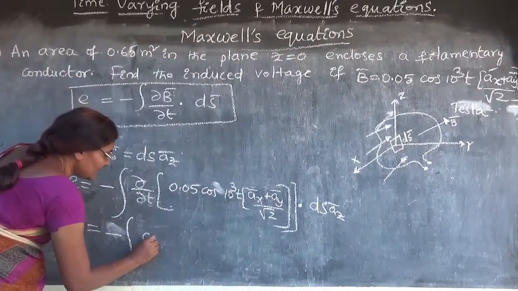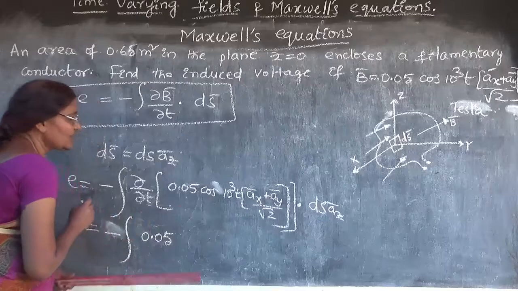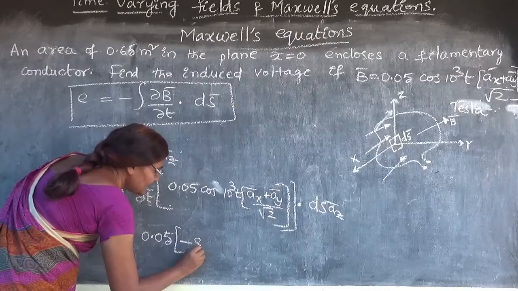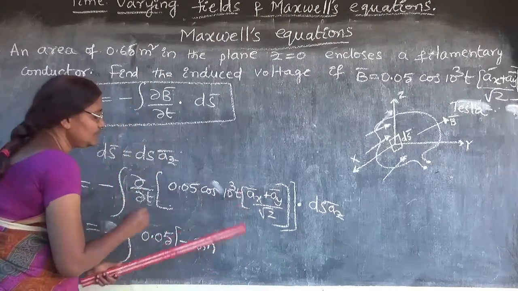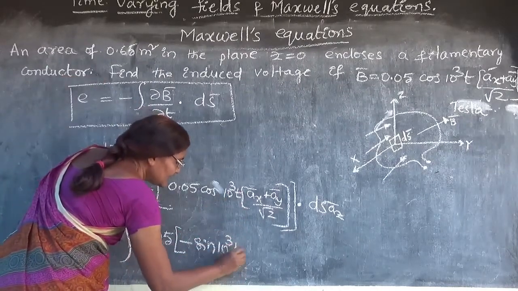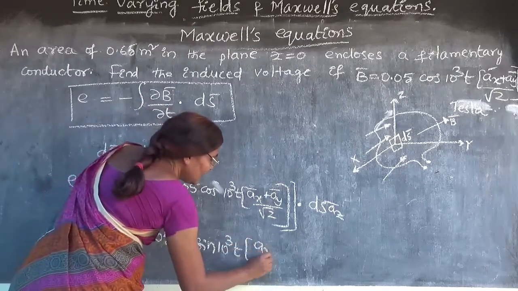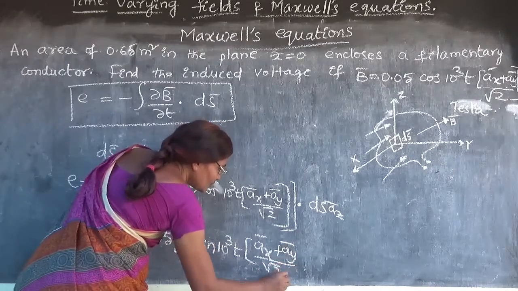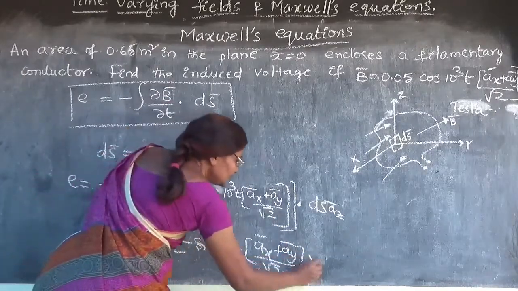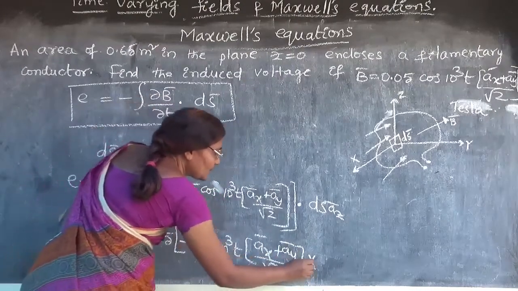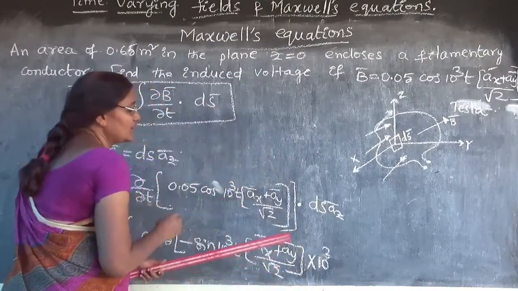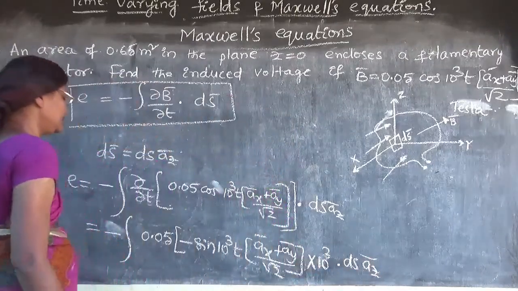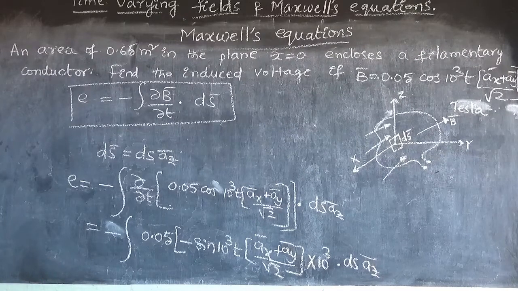The constant 0.05 comes out. The differentiation of cos becomes minus sin 10 cube t into (ax bar plus ay bar) by root 2 into 10 cube, dot ds. So I have done the differentiation.